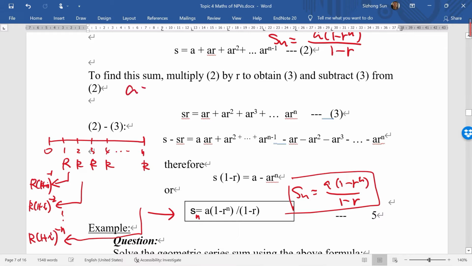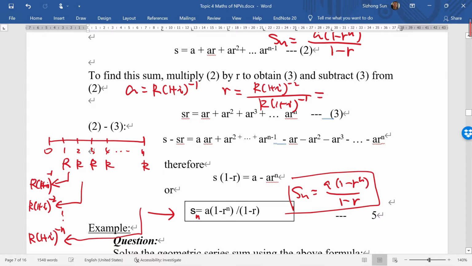corresponding to the first term being R(1 + i)^-1. And the common ratio little r is the next term divided by the current term. So it's R(1 + i)^-2 divided by R(1 + i)^-1, which is (1 + i) raised to the power of negative 1.